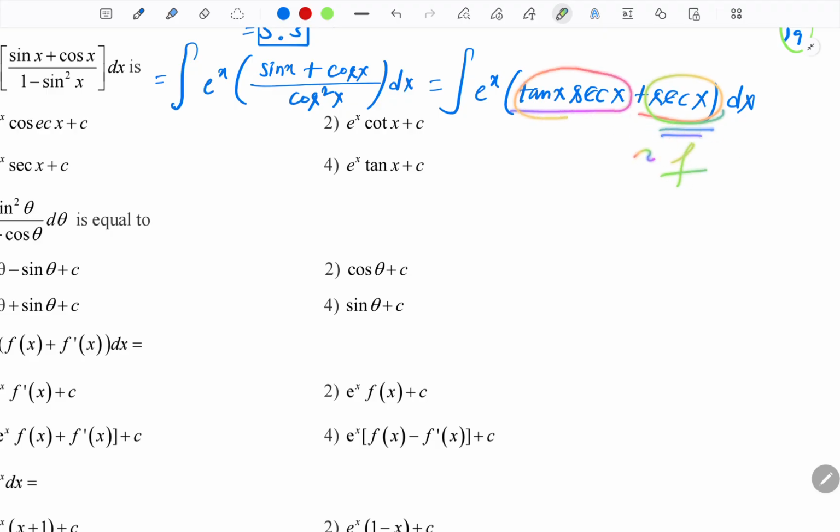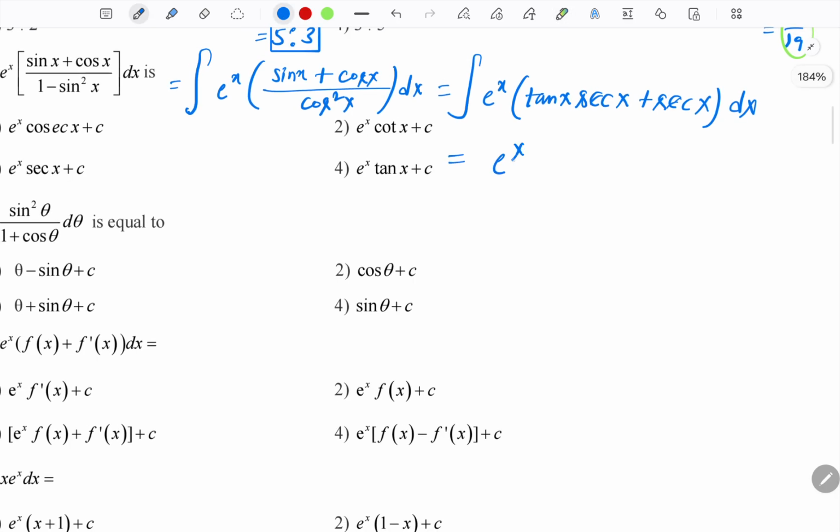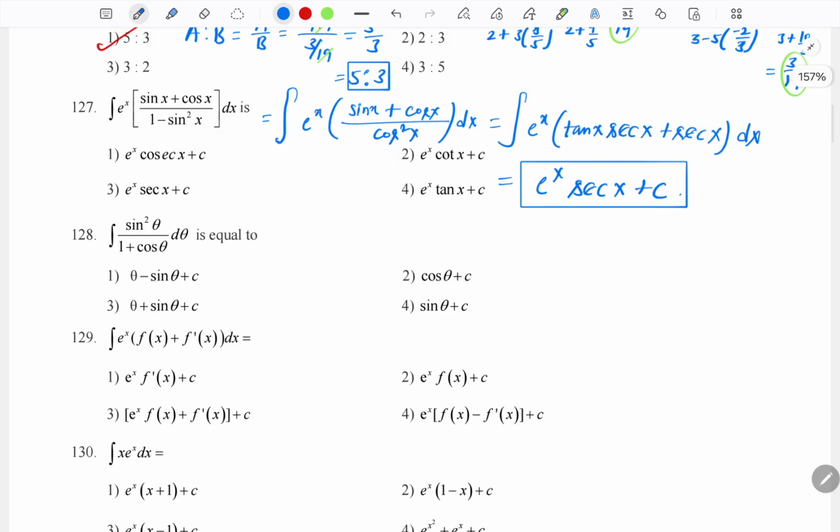Yes, so it is f dash. So my answer is e power x times f of x, it means e power x secant x plus c. Then it is option number 3, right?